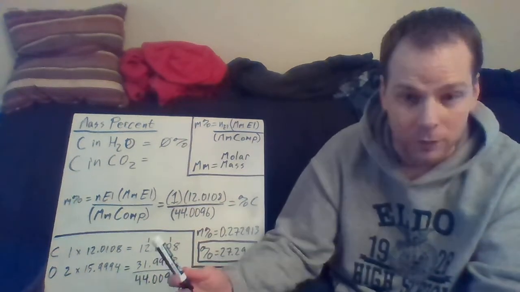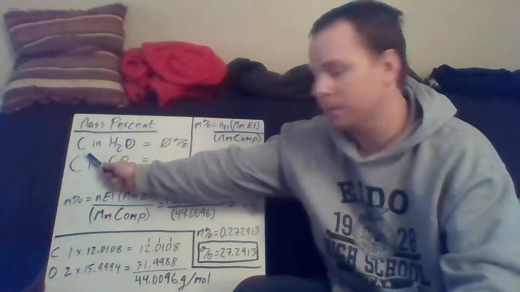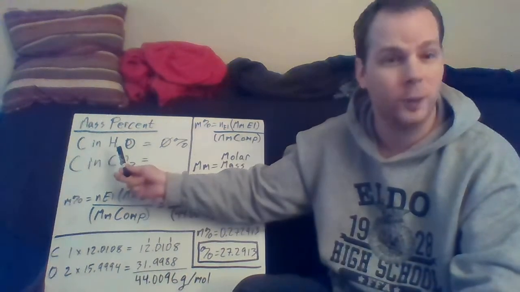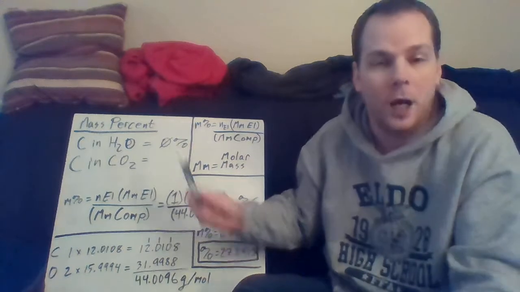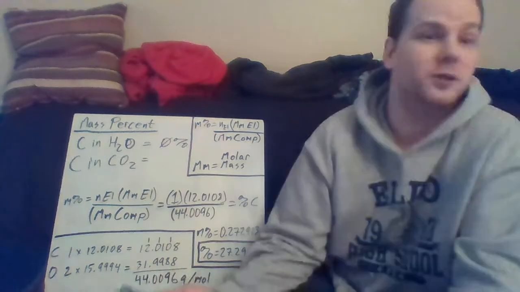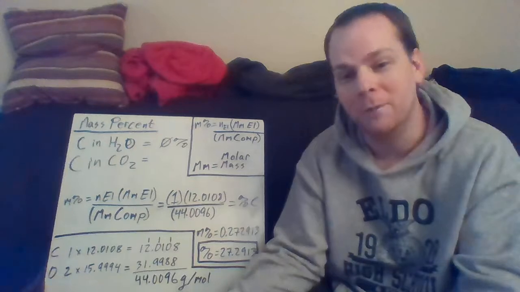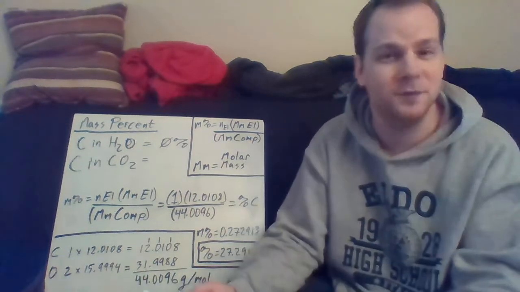So, for example, if I asked you to determine the mass percent of carbon in water, or H2O, it's 0. There isn't any, because there's no carbon in water. I feel like that should be obvious, but I'm going to say it. It's just hydrogen and oxygen.